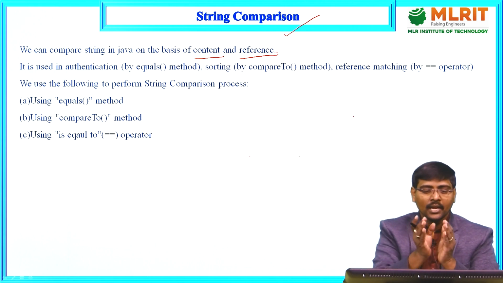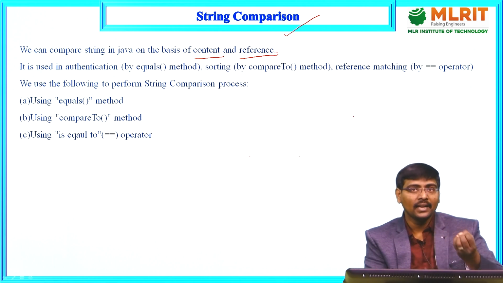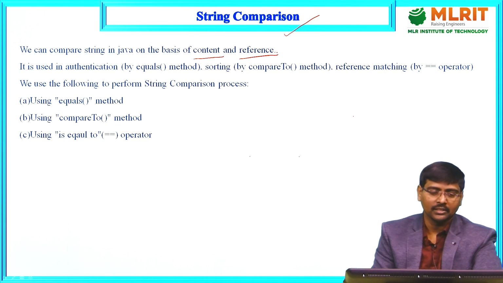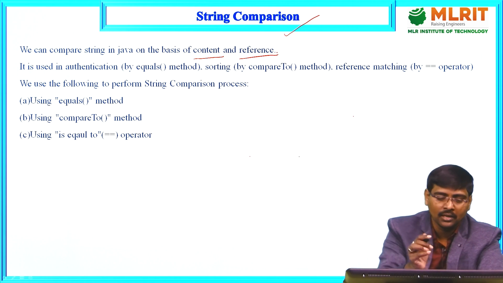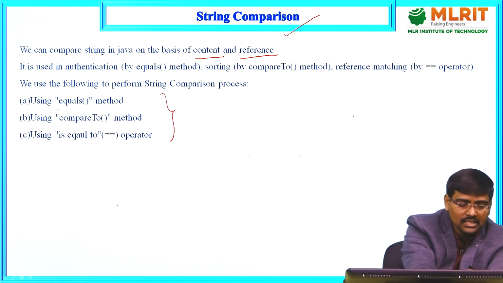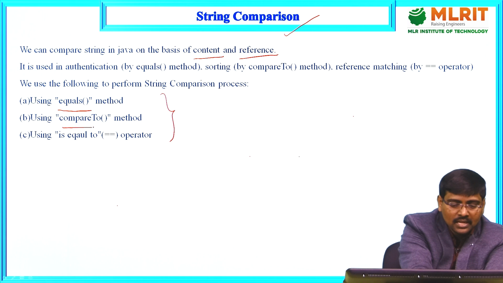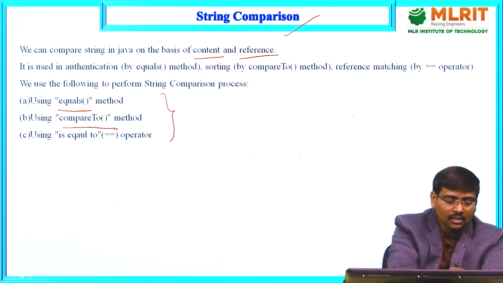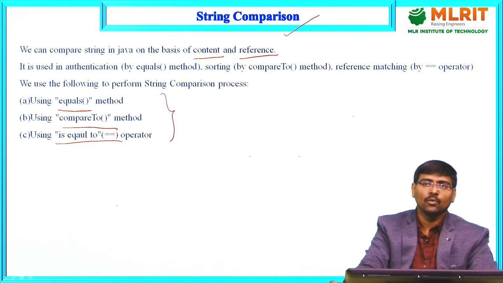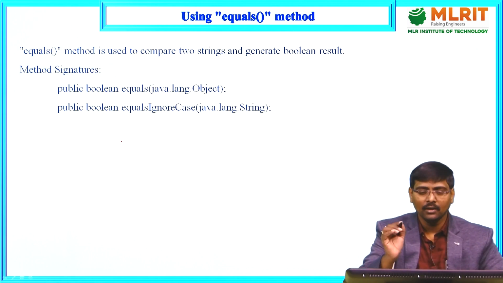For that comparison, Java has three ways. The first one is the equals method, the second one is the compareTo method, and the third one is the double equals operator. Now we will discuss each and every one in detail.